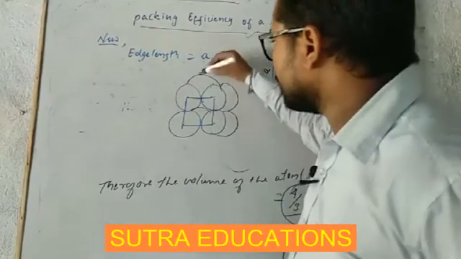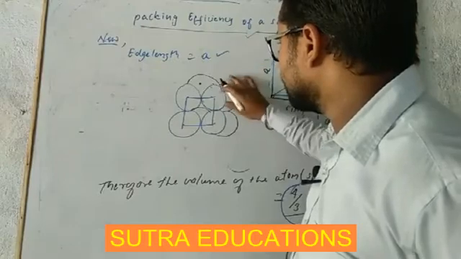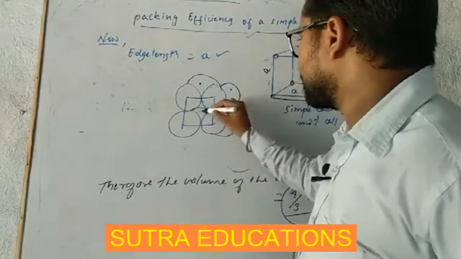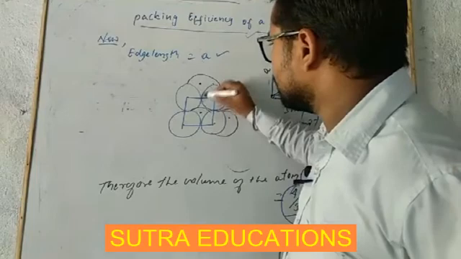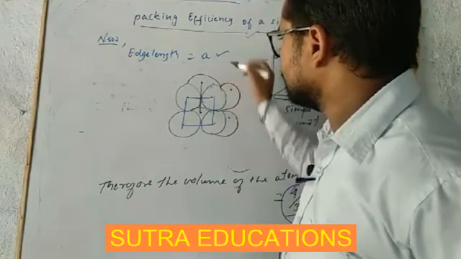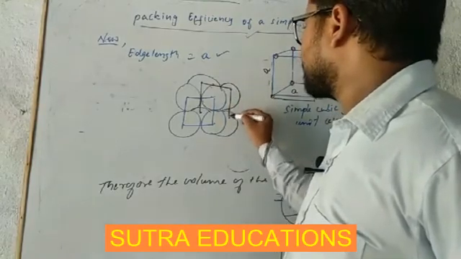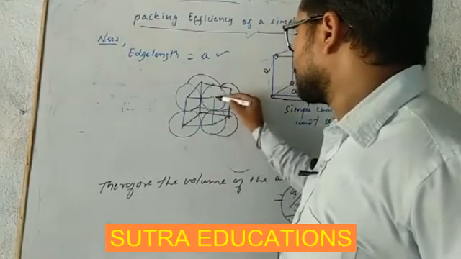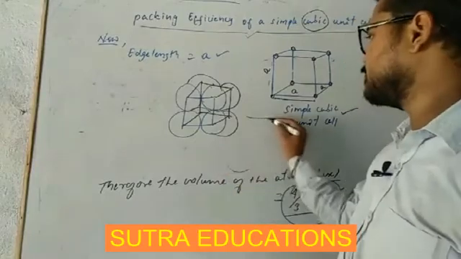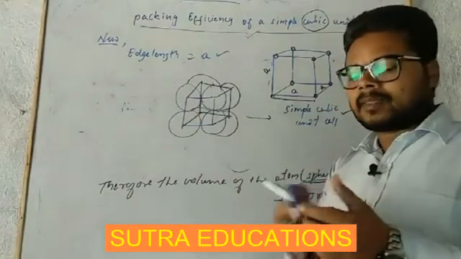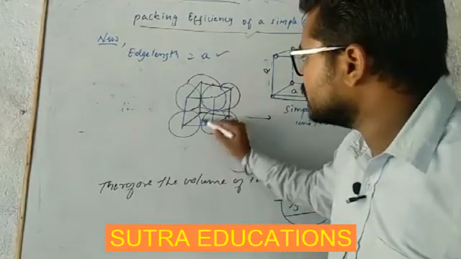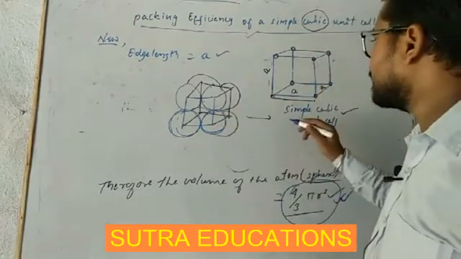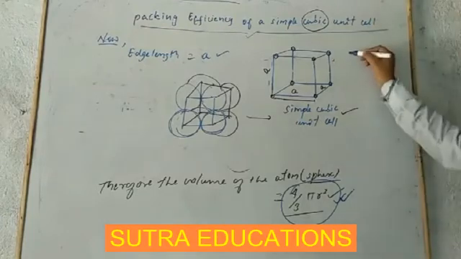Let these be centers of these spheres. Okay, this is simple unit cell, and you can clearly see the atoms present at the corners are touching each other. Like this.